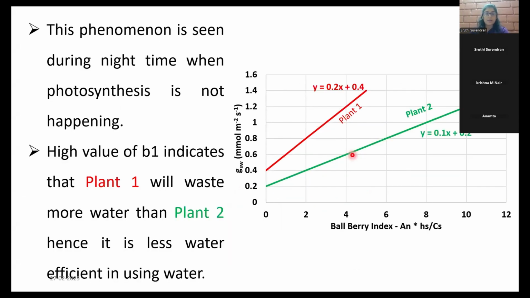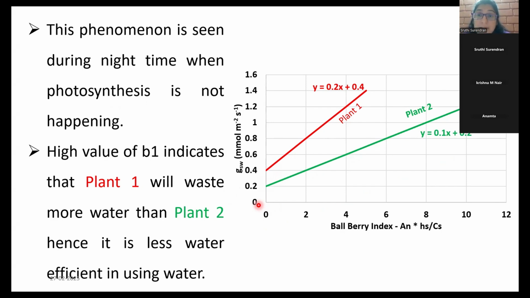Now, when I say that the intercept is larger or lower, it means the case when photosynthesis is very negligible. In the case of C3 plants, during night time, the photosynthesis is going to be very negligible. So during that time, the stomatal conductance is what is being given by this intercept value of the Ball-Berry curve.